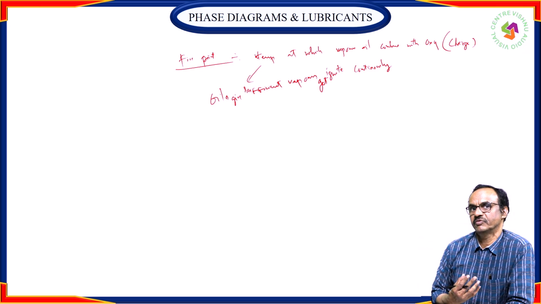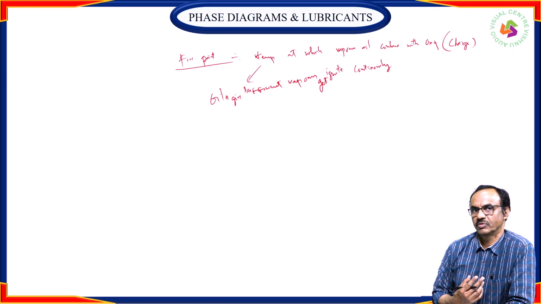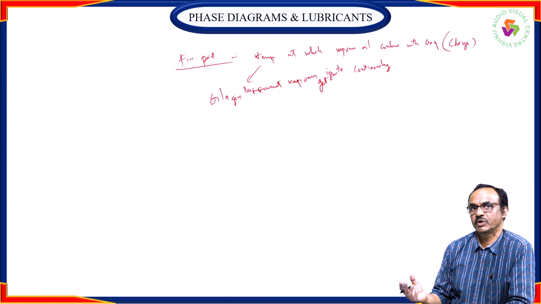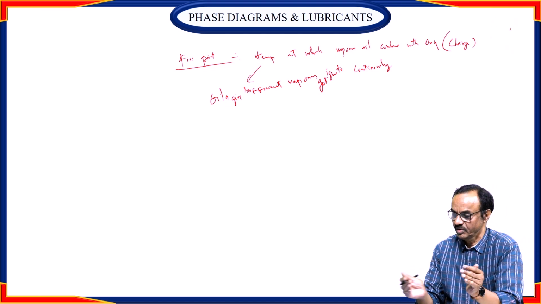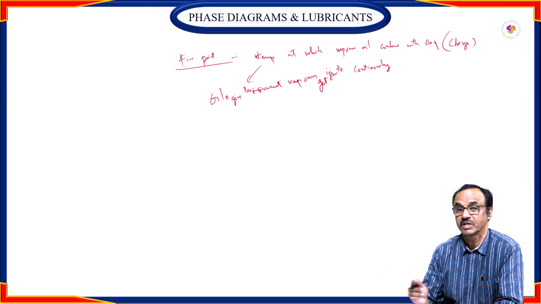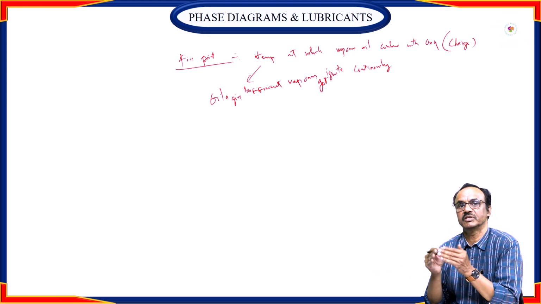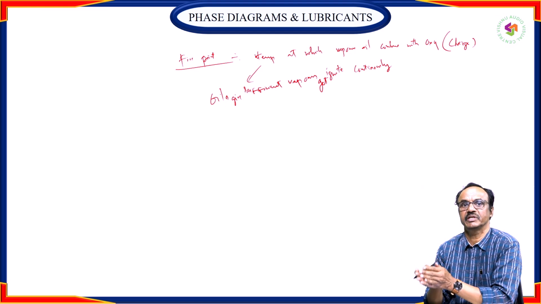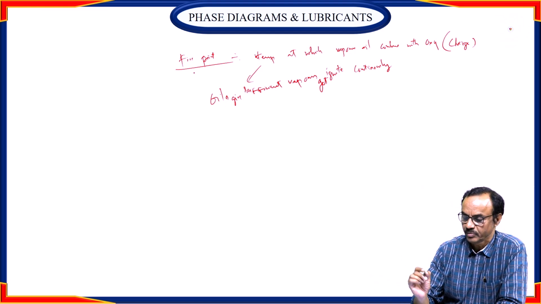That indicates vapors are formed. Here, the fire point is the temperature at which sufficient vapors combine with oxygen. Once the charge is formed, it burns completely. That temperature is called the fire point.